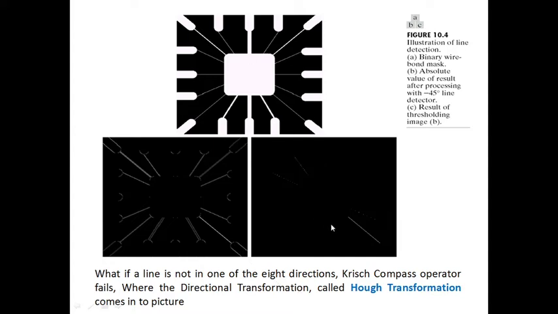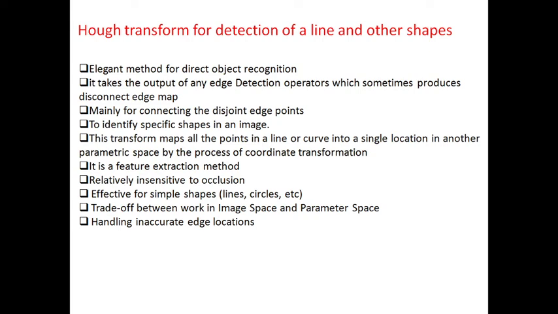Now let us discuss this Hough transformation. What is the role of Hough transformation in detection of edges in images? Of course, the edges in an image are approximated by lines, but instead of lines there are many other shapes that can be traced in a given input image, where we need to use the Hough transformation.